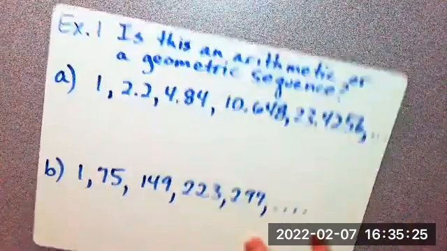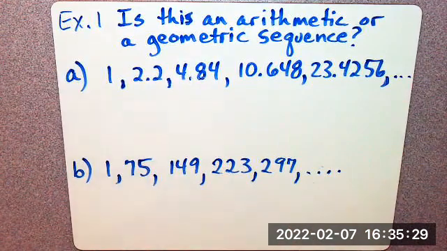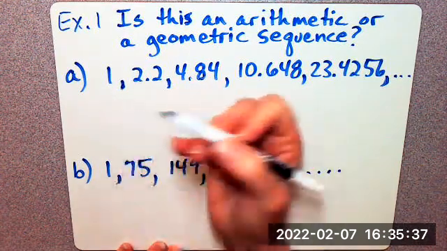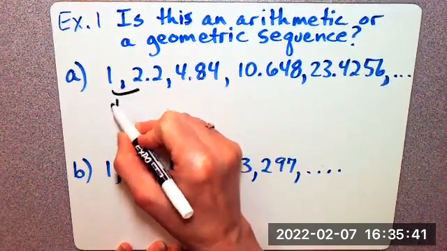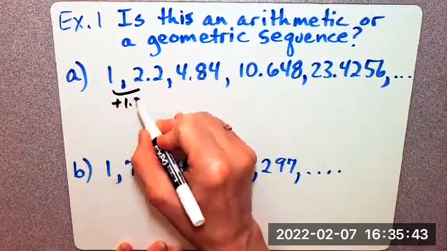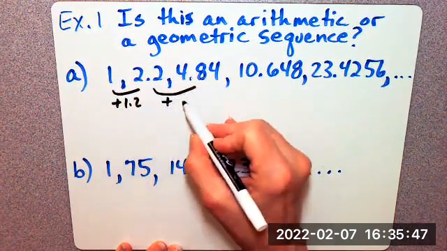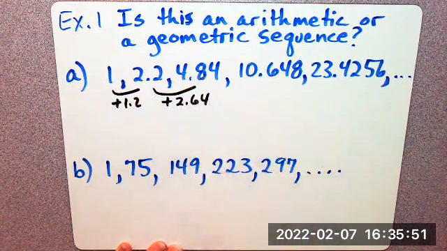So let's look at whether we can determine if this is an arithmetic or a geometric sequence. First we might say, well, for an arithmetic sequence, we would look at a common difference. And that would be plus 1.2. And then from here, we have plus 2.64.